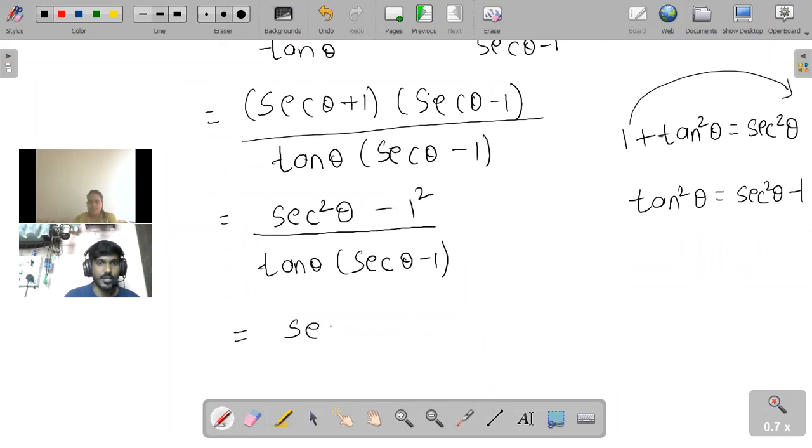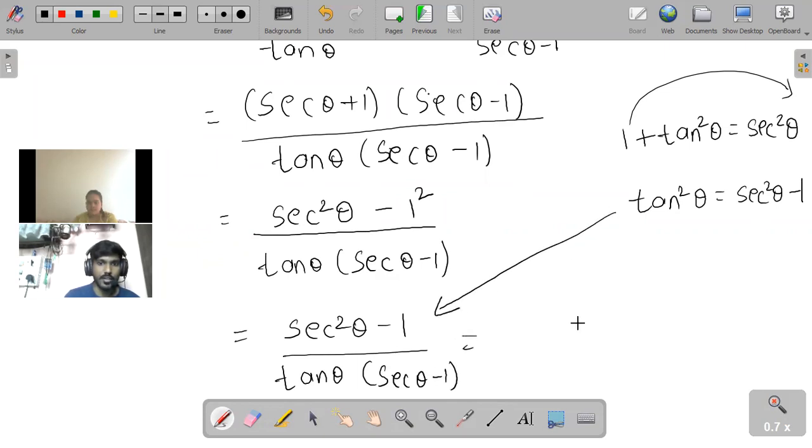The numerator will become sec square theta minus 1 upon tan theta into sec theta minus 1. And now here you use this formula. So sec square theta minus 1 will become tan square theta upon the denominator as it is. So tan theta into sec theta minus 1.